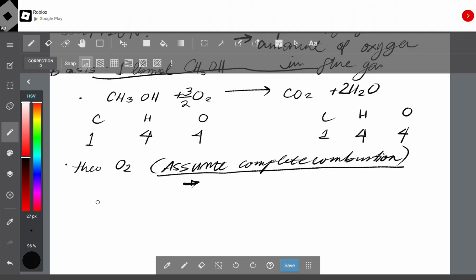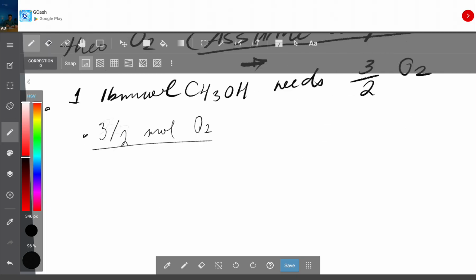Okay, so to get theoretical O2, we just look at the equation. So for every 1 mole of methyl alcohol, we need 1.5 oxygen moles. Okay, so our basis is 1 lb-mole, so we need to calculate the oxygen needed for that. And it's pretty obvious. 1 lb-mole of methyl alcohol needs 3 over 2 oxygen moles. That's our theoretical O2.